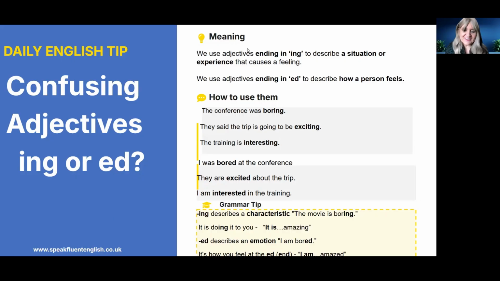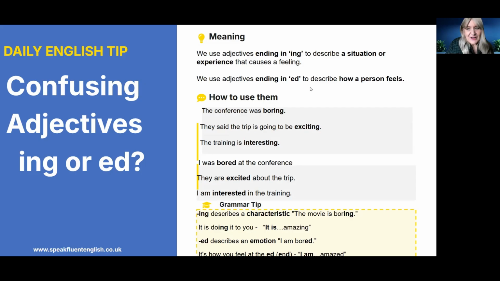And then for adjectives ending in -ed, to describe an emotion, to describe a feeling, I am bored. This is how you feel at the end. So end, -ed, we have -ed in end. So make that connection. And another quick example, I am amazed. So use this little tip here to try and help you remember the difference between the two.